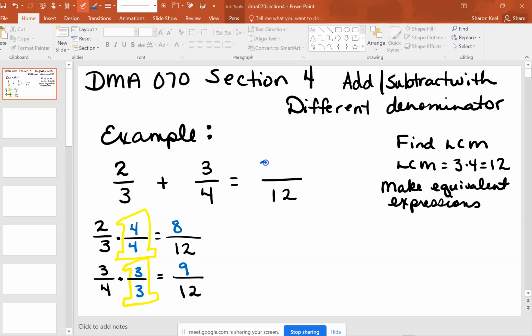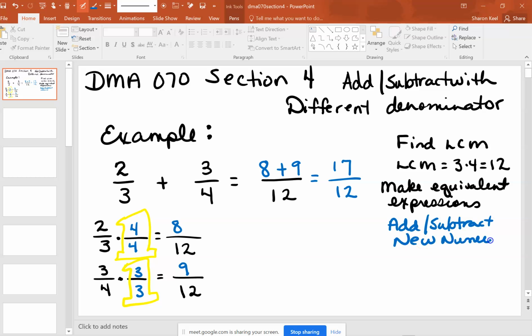So what we're doing now is adding 8 and 9. 8 plus 9 gives us 17/12, and there's no common factor here that can be reduced. But after we make equivalent expressions, we add or subtract the new numerators, and then we simplify if possible.